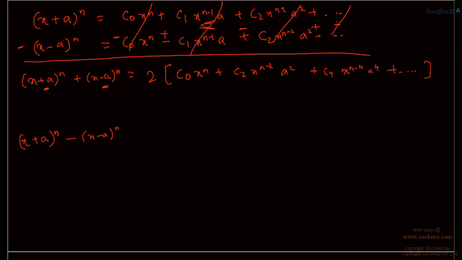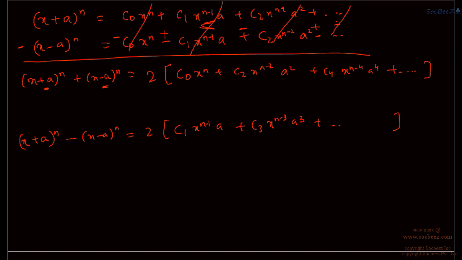All the even exponents of a will cancel now. Now actually a power 0 will also be considered as an even exponent, and that is how the first term is also accounted for. Now this is equal to 2 times C1 x^(n-1) a + C3 x^(n-3) a^3, all the way in the end.